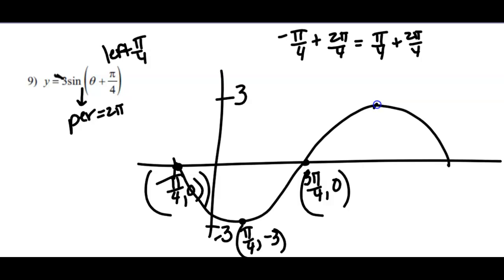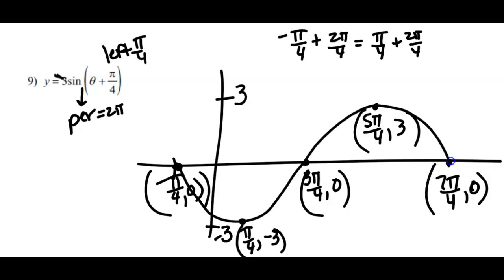If you add another 2 pi over 4, you'd be at 5 pi over 4. Add another 2 pi over 4, and you'd be at 7 pi over 4. Now, if we had 7 pi over 4 back to 0, and another 1 pi over 4 to the left, that's a total of 8 pi over 4s from beginning to end, which is 2 pi.